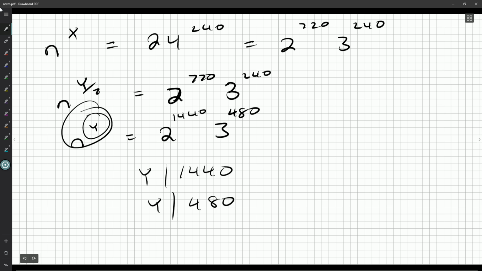So what's the GCD, the greatest common divisor, of these two? Now I know that they've got 240 in common. So we can take that out, and then GCD of... Actually, we can take out a factor of 480, can't we?